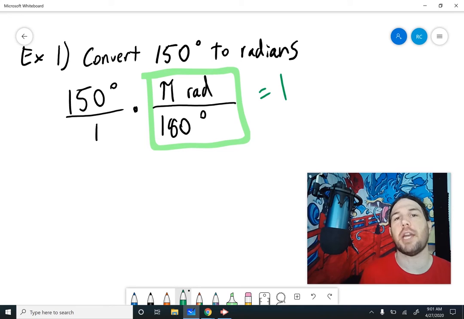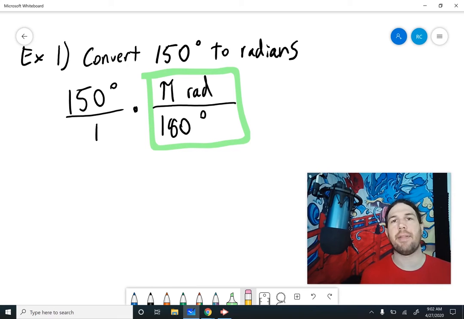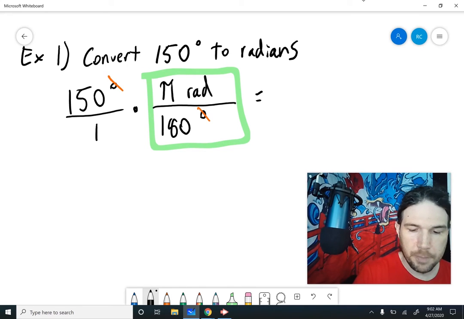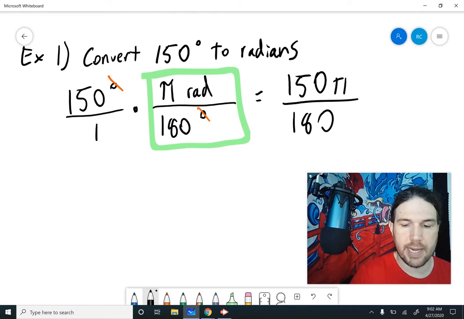So we're not actually changing the value, we're just changing the units. Now, I put the radians on top and the degrees on the bottom because now I've got degrees on top, degrees on the bottom, so the degrees cancel, and I'm left with 150 pi divided by 180.